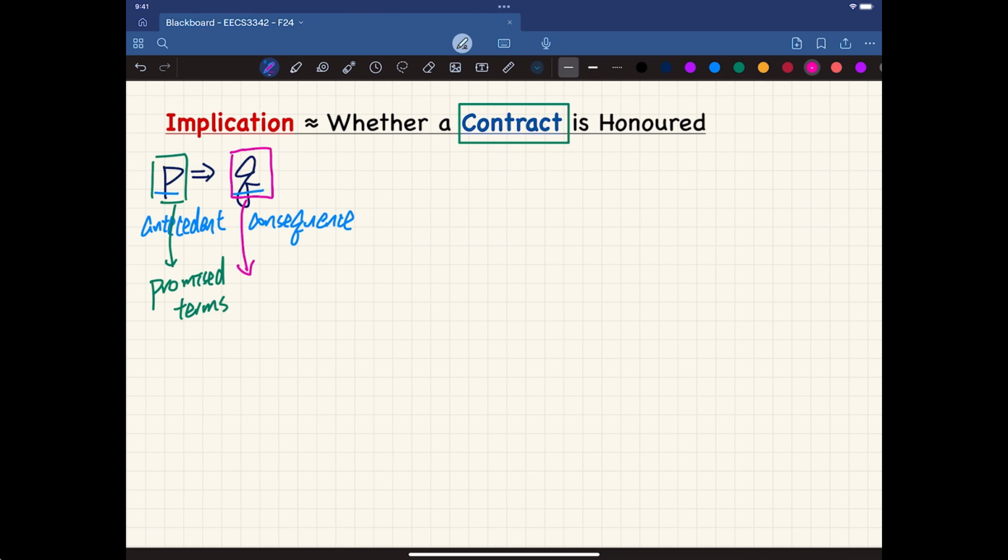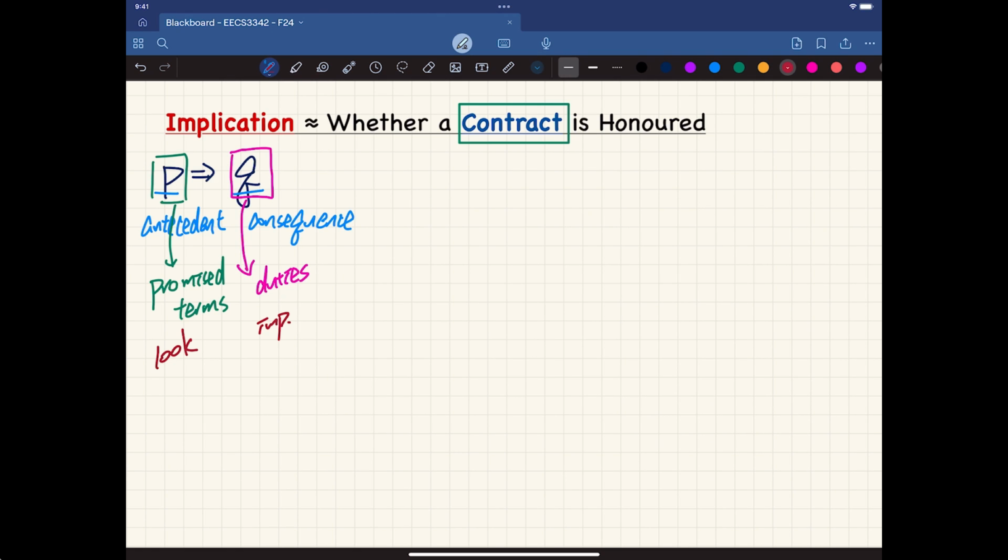So these are the duties you're supposed to fulfill given the promised terms. For example, if you're promised in your employee contract, your hiring contract, to be paid, let's say, 100K per year, given that you will try to implement some software projects, right?